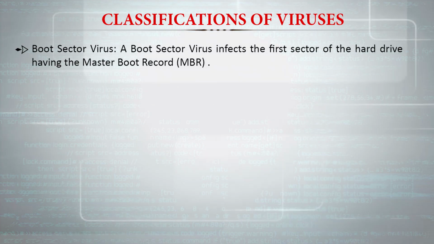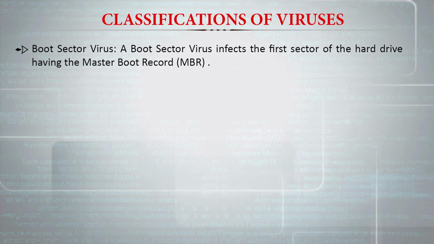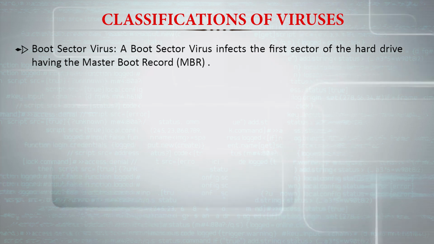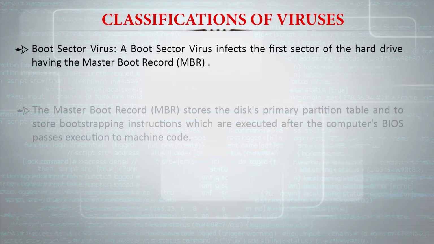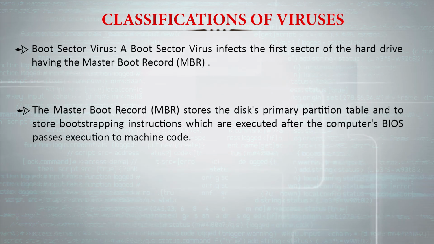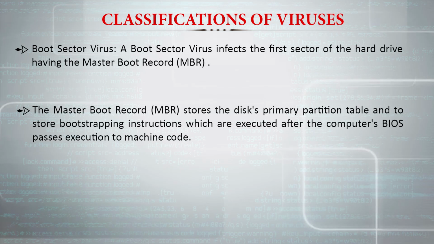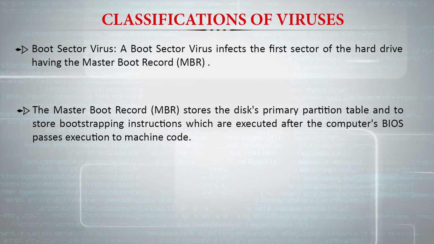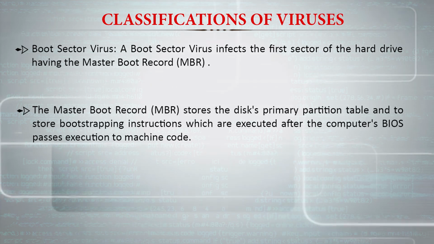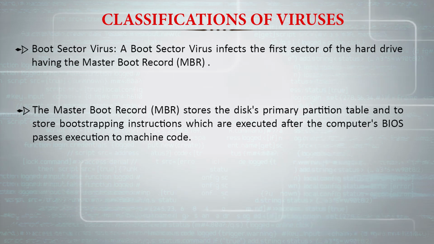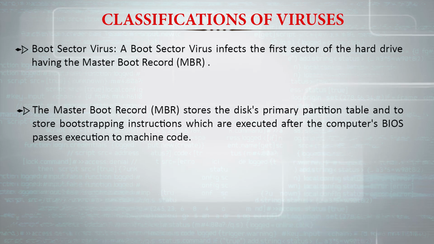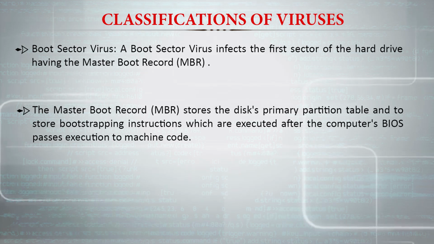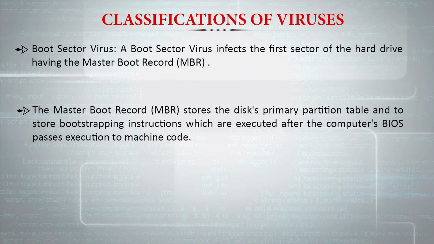A boot sector virus infects the first sector of the hard drive, containing the master boot record, short form MBR. The MBR stores the disk's primary partition table, which keeps information about the partitions created on the disk, and stores bootstrapping instructions which are executed after the computer's BIOS, basic input output system, passes execution to the machine code.